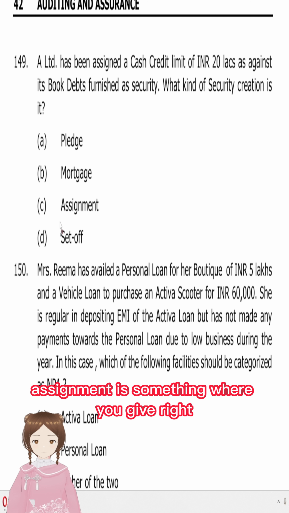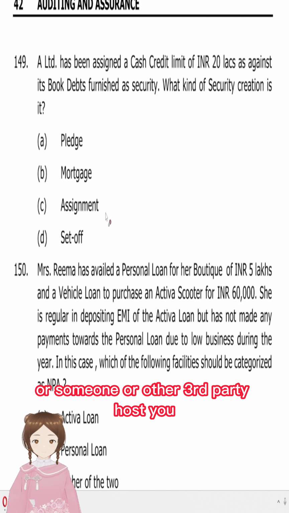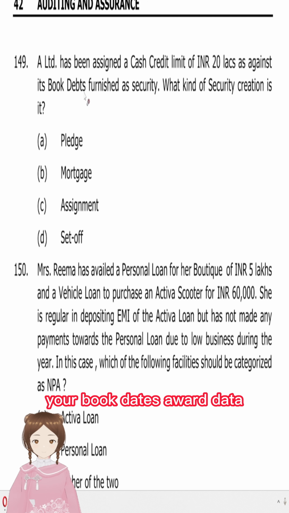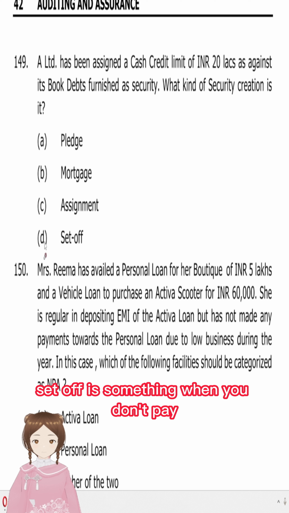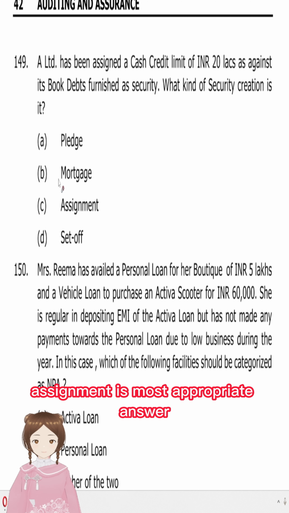So it's not a mortgage. Assignment is where you give the right to collect money that a third party owes you. Your book debts are debtors, somebody who owes you. So this is a mere assignment. Set off is when you don't pay, and the balance in your account is set off against the loan you have to pay to the bank. So option C, assignment, is the most appropriate answer.